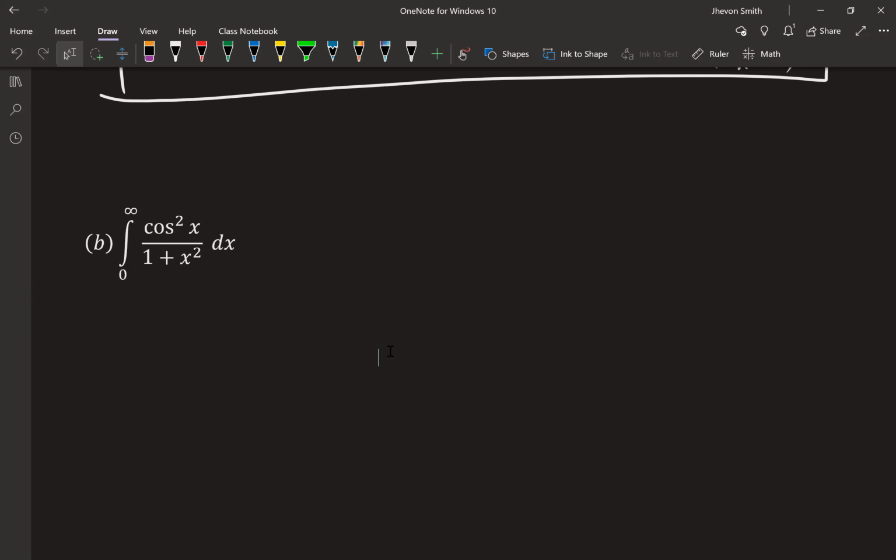There is a certain thing that you always kind of think about whenever you see a trig function. Besides the special trig limits, there's something else. So you see something like this. What are you thinking?